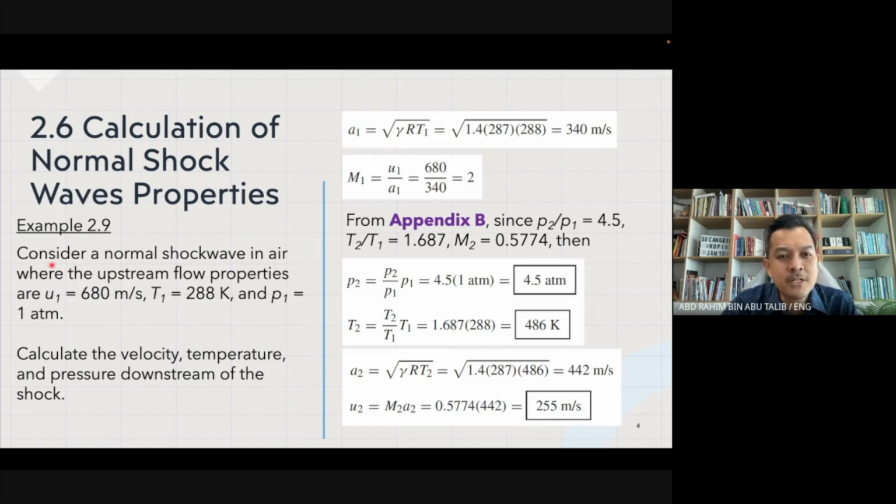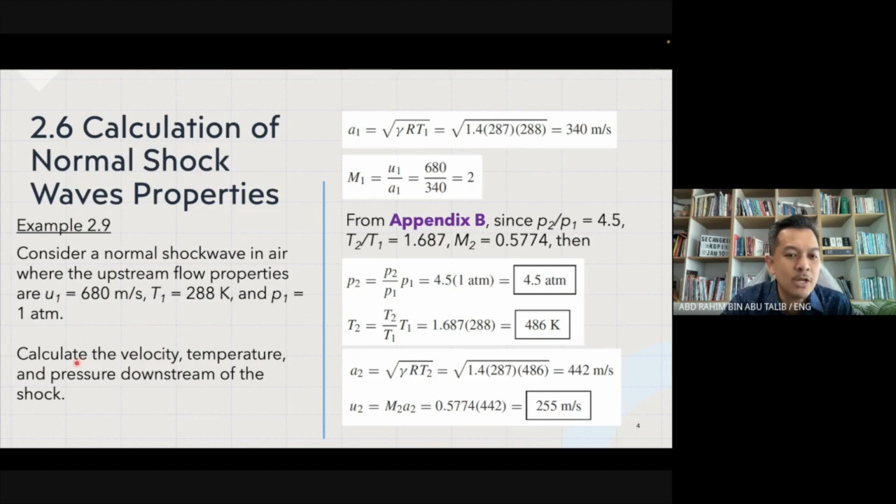So let us consider a normal shock wave in air where the upstream flow properties are given as follows. We have U1 equal to 680 meters per second, T1 equal to 288 Kelvin, and pressure P1 equal to 1 atm.